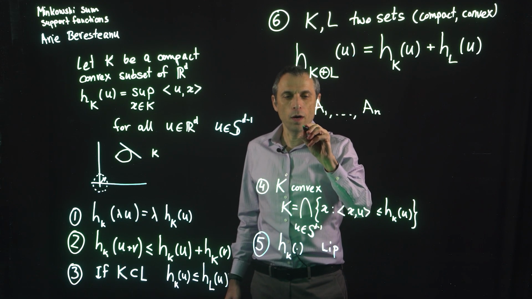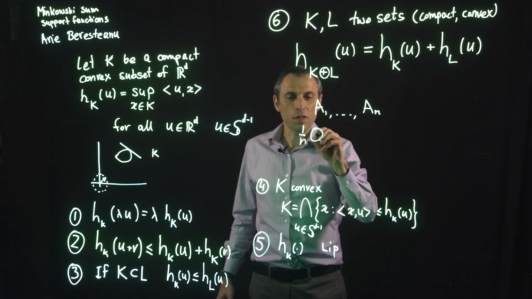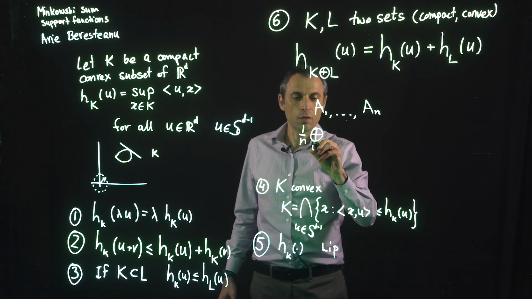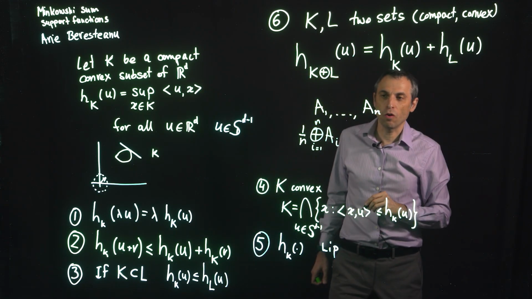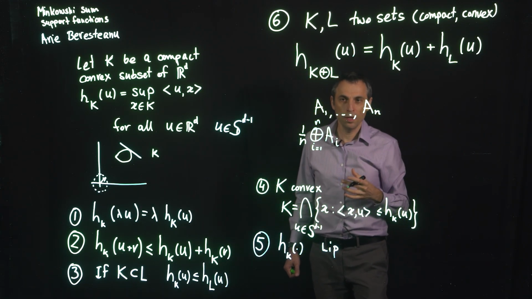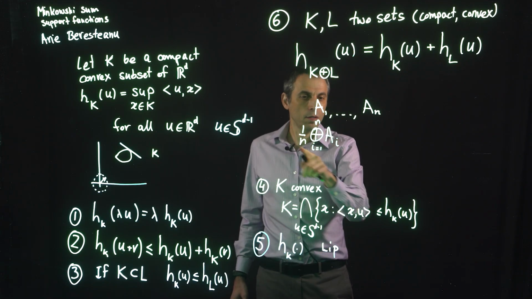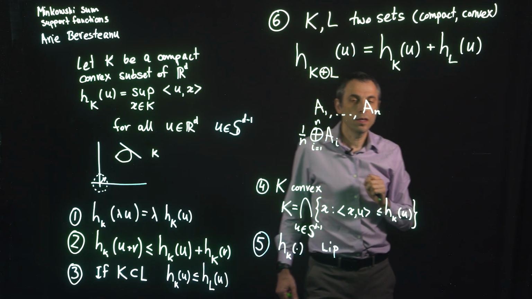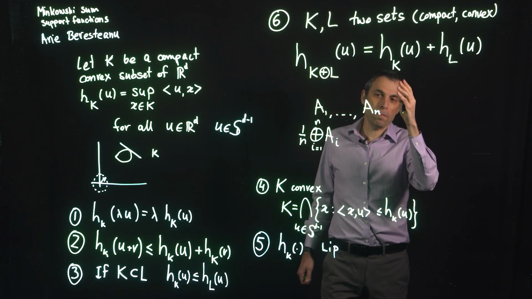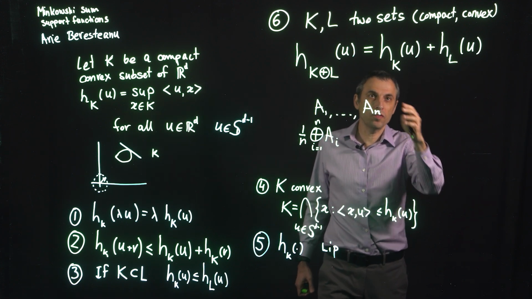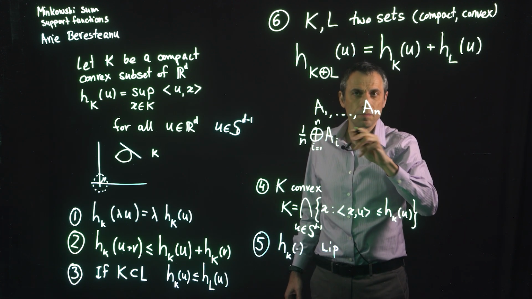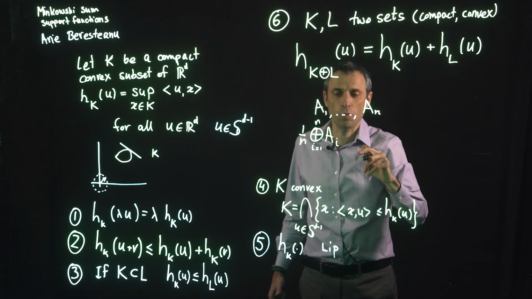We take the 1 over n Minkowski sum, i goes from 1 to n of A_i. That's the Minkowski average of the sets. The support function of this will be equal to the average of the support functions.